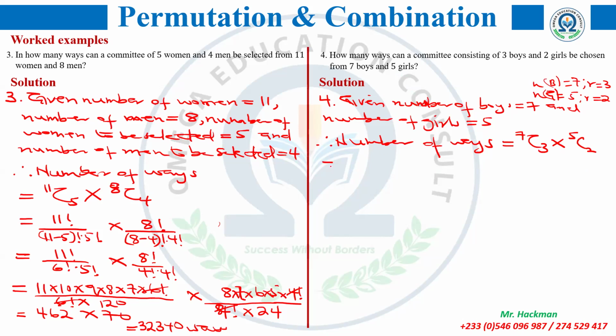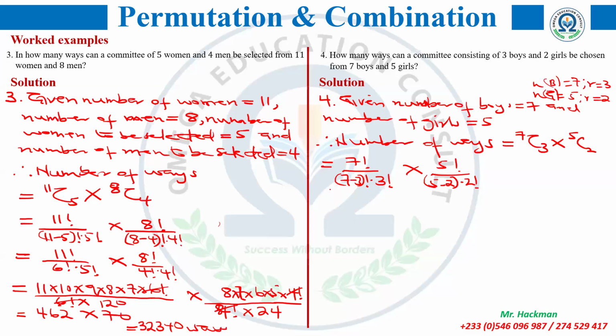So this will be equal to 7 factorial over 7 minus 3 factorial, times 3 factorial. But that's not all. Times 5 factorial over 5 minus 2 factorial, then times 2 factorial.